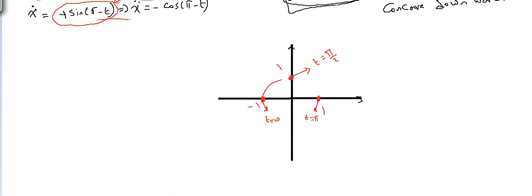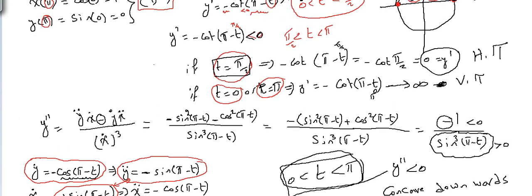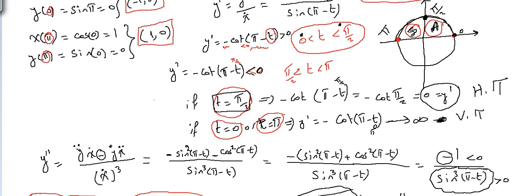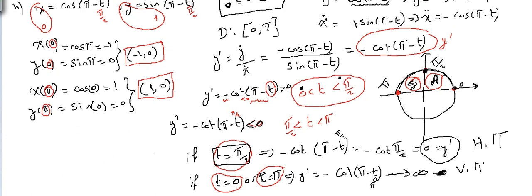And we draw our curve, which is concave downwards. And look, from t 0 to t pi over 2, going back to the first derivative, the derivative was positive. This means it's an increasing function.